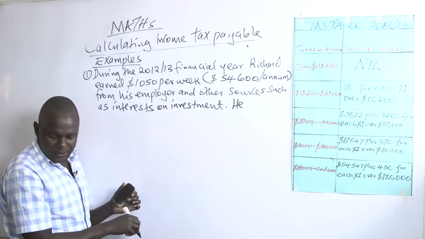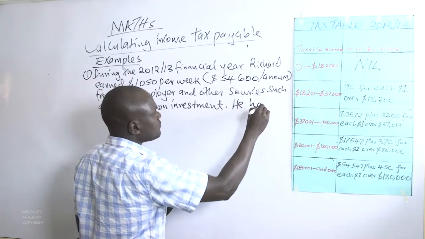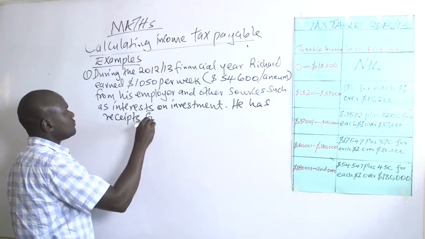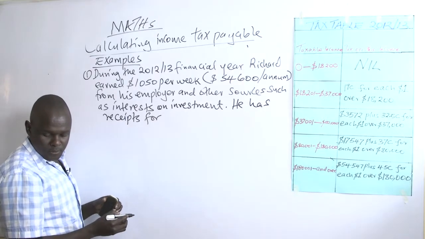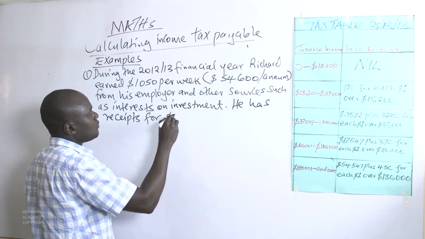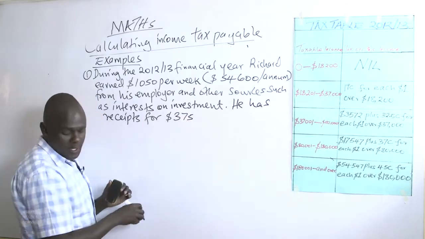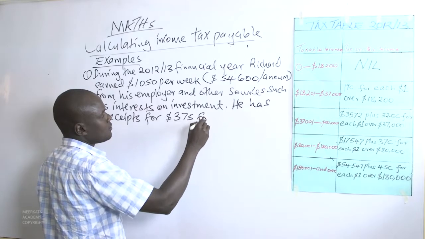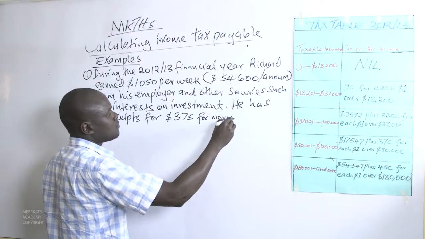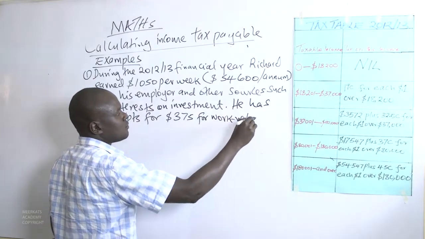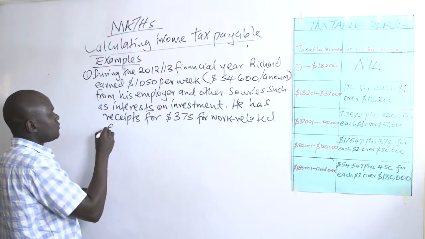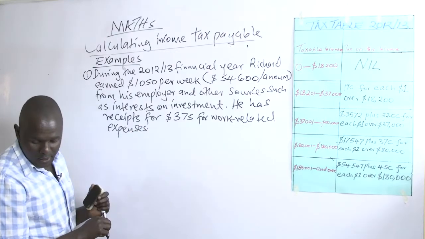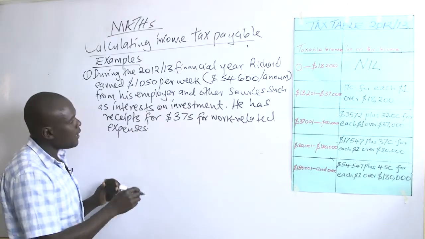He has receipts for $375 for work-related expenses, and donations.